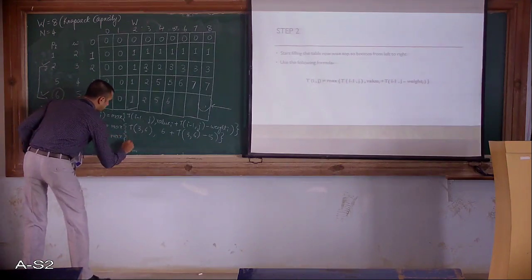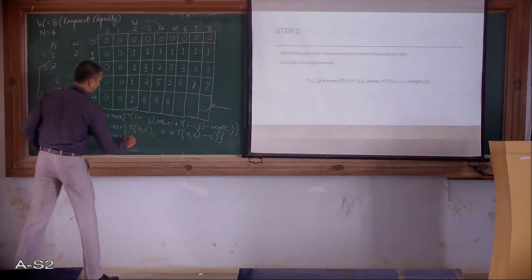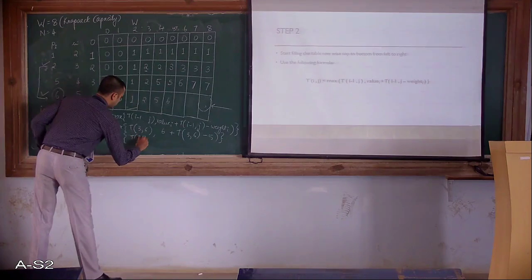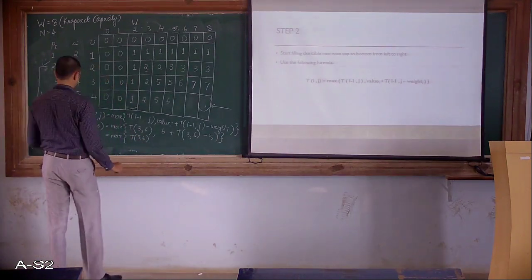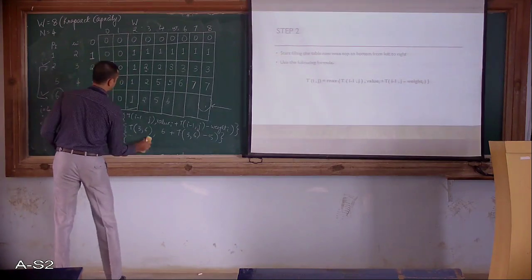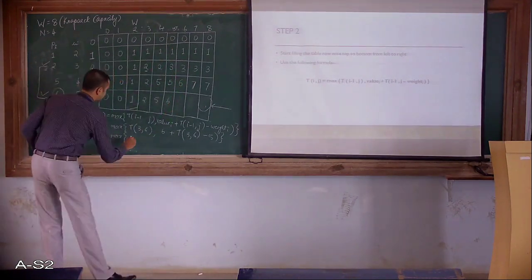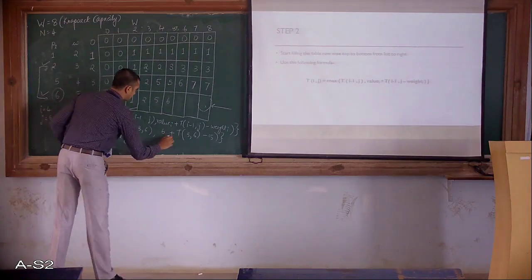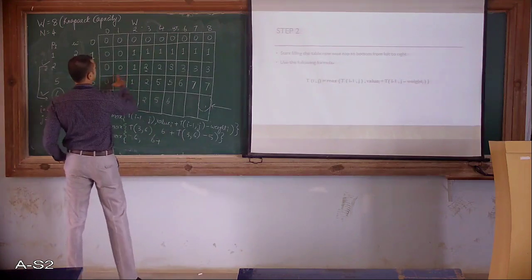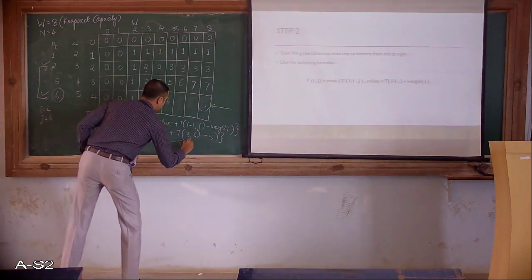So max of t of 3 comma 6, t of 3 comma 6. What is the value of 3 comma 6? 3 comma 6 is 6 comma 6 plus, so 6 plus t of 3 comma 6. What is t of 3 comma 6? 6 minus 5.